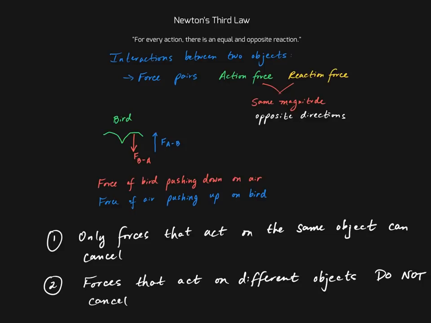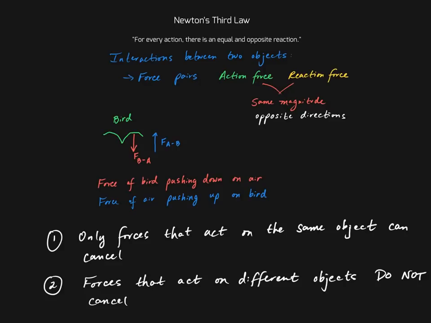And this is the key rule to Newton's third law, because forces occur because of the interactions between two objects. These force pairs, this action force and this reaction force, are acting on different objects. Those two forces do not cancel out.